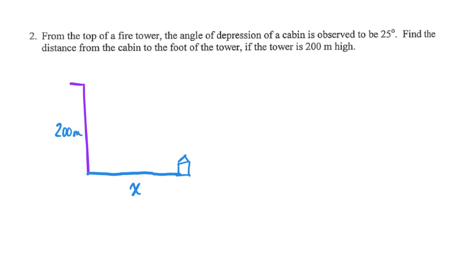Okay. I think we should be good when it says the angle of depression. So somebody's looking all the way down to the foot of that cabin. The fire tower is a building, so it's vertical, and it makes a 90 with the ground that's horizontal. There we go. Okay. I want to highlight probably the most common mistake that's going to arise when we talk about angles of depression.